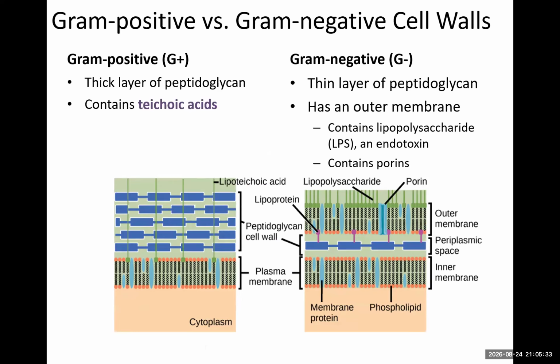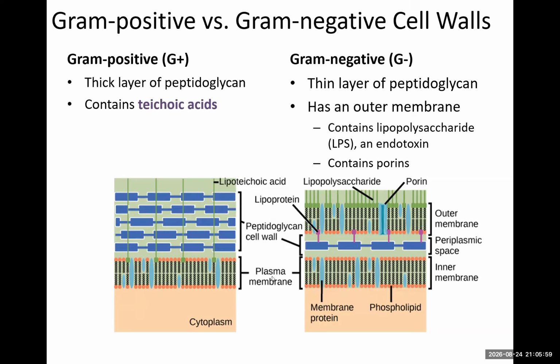So as I mentioned, both the gram-positive and the gram-negative bacteria contain peptidoglycan, but they organize it very differently. So on the left is going to be a picture of the gram-positive cell wall. And you'll notice that the gram-positive has this thick layer right here of peptidoglycan surrounding that plasma membrane.